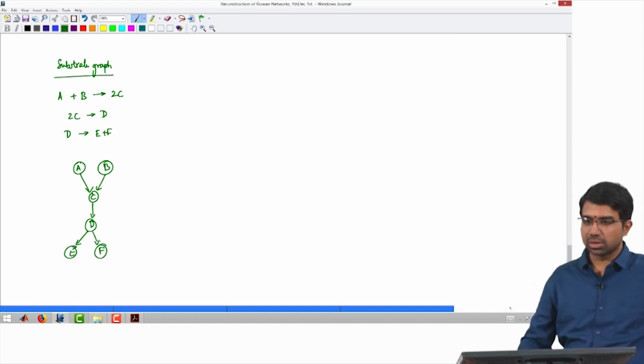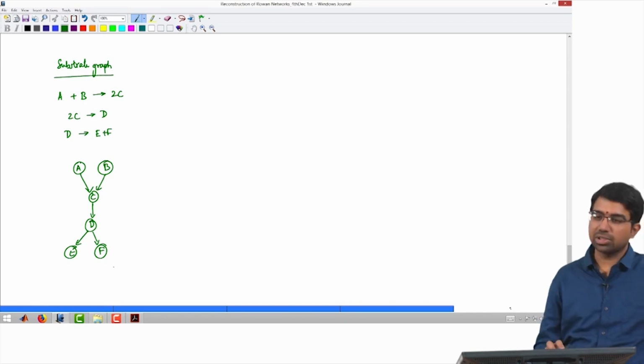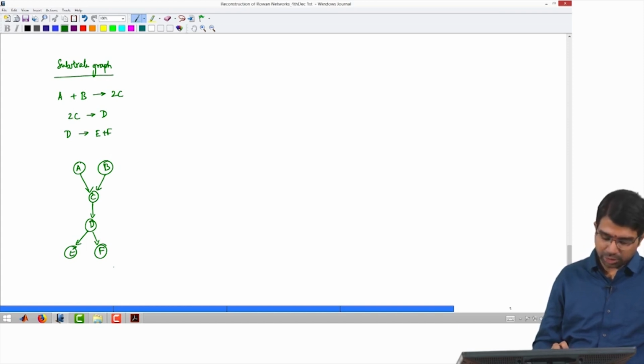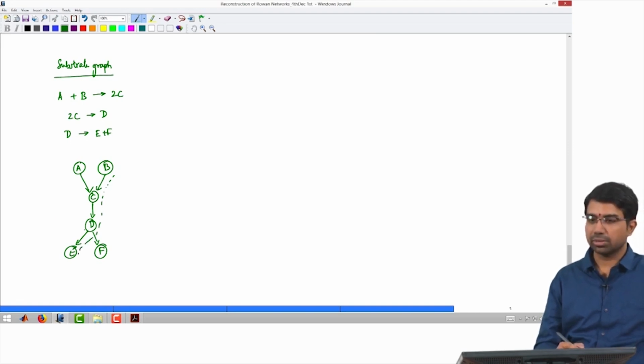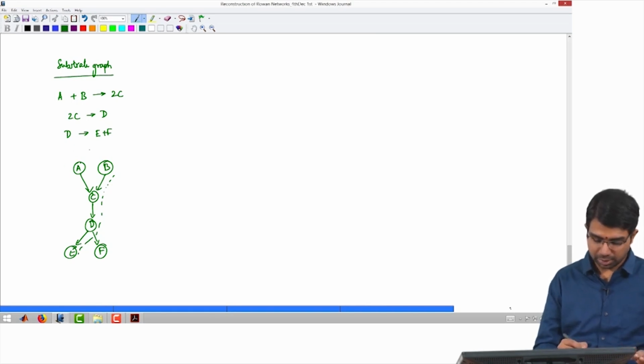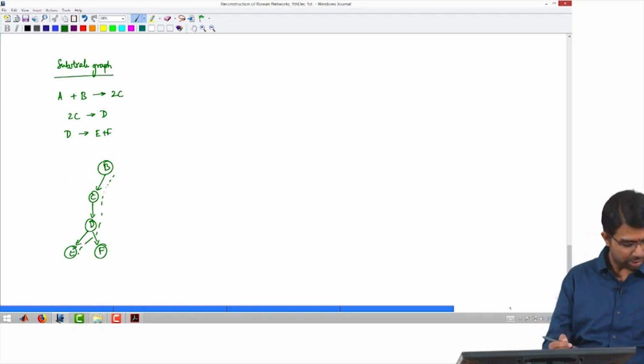we have already discussed this. So, what is the challenge here? Misleading conclusions. You may assume that it is possible to convert B to E without the presence of A, whereas if A is not there, you may not be able to even perform this reaction.